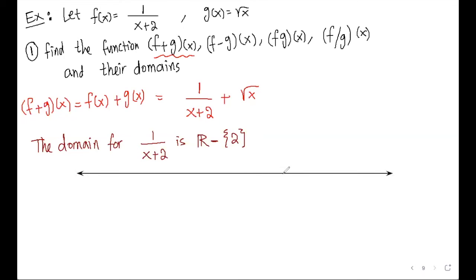At -2 there is an open circle. It's not inside the domain, and everything else is inside the domain.